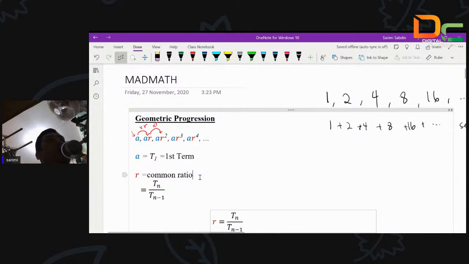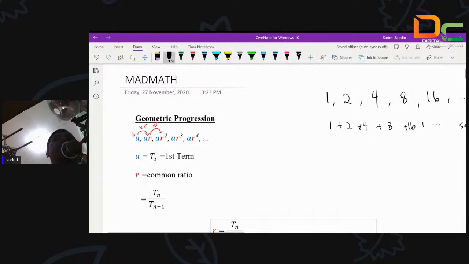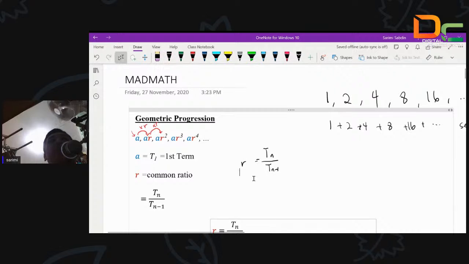Why do we call it a common ratio? Because when we want to find the common ratio, we take the term that we pick and divide by the previous term. So R is equal to Tn over Tn minus 1.